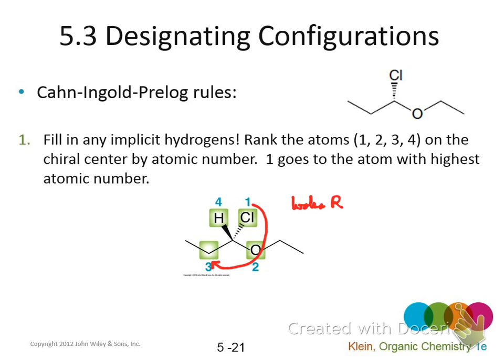So to actually get the enantiomer configuration, if you were really to follow the rules, you would have to draw that molecule backwards. But H is in front, so that means it's actually S.